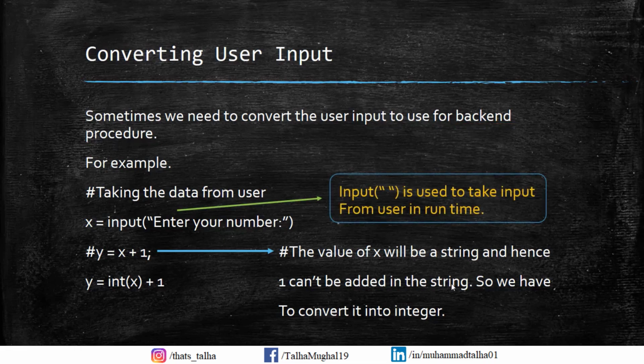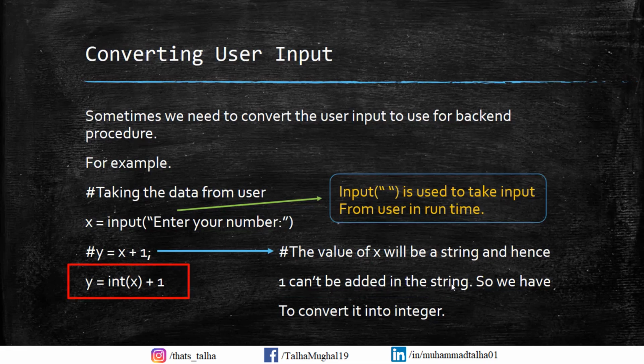We use the input function to take input from the user in runtime. But there's one thing that you always have to remember. The data which you take by using the input function is always in string, which means that whatever value will be stored in the variable x is a string, and hence 1 cannot be added to the string because 1 is an integer.